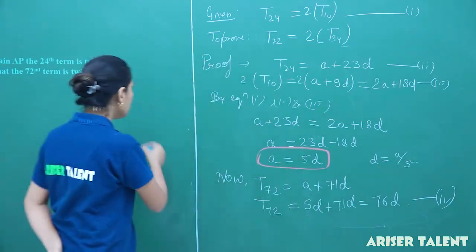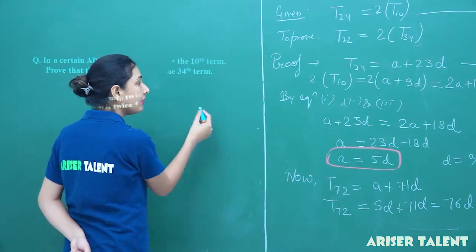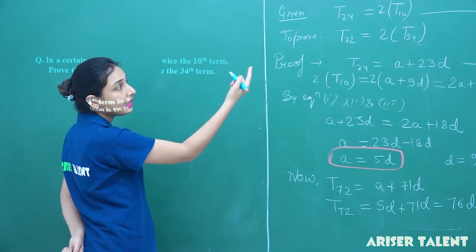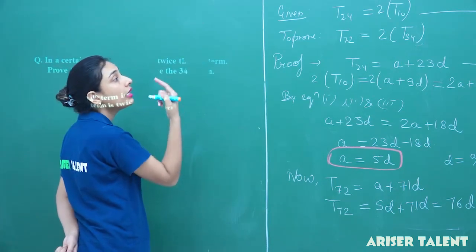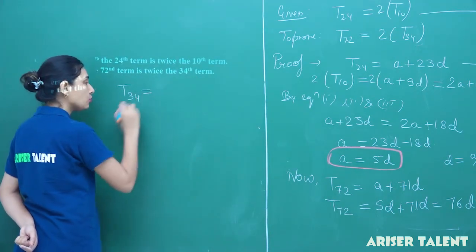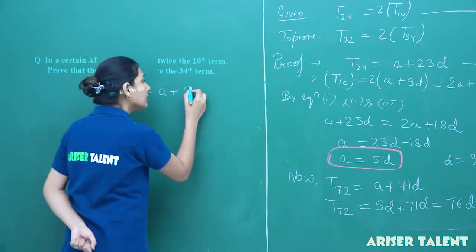Okay. Now come to this side of the board. Here we are having the next part. We have to prove that it is equals to 2T34. So T34 is equals to A plus what? 33D.